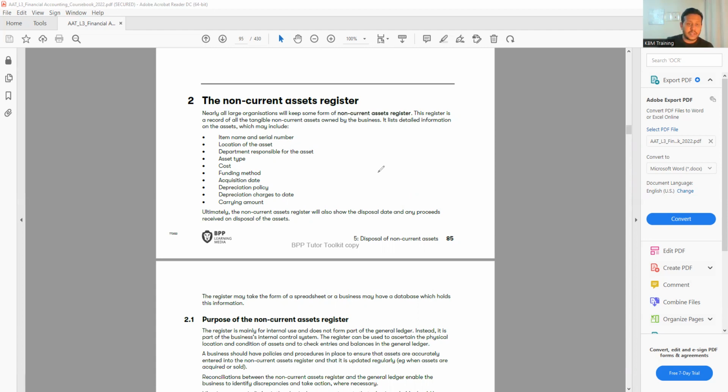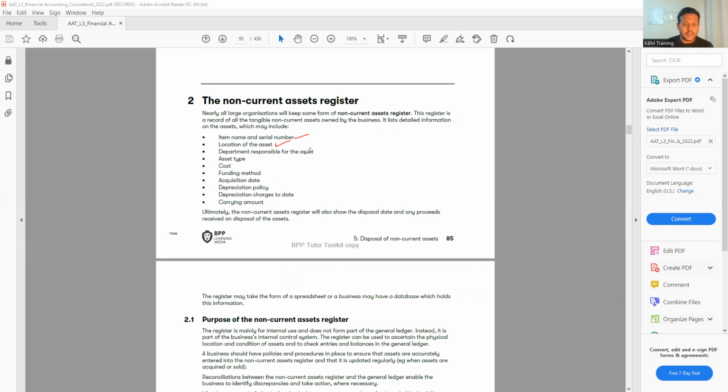We said we need the item and serial number. We need the location of the asset, because it is possible you have different branches of your business, and one asset may have one location, another asset another location. So you need to know where the asset is. For example, if you have some computers in the Birmingham branch and some in the London branch, we need to know where they are.